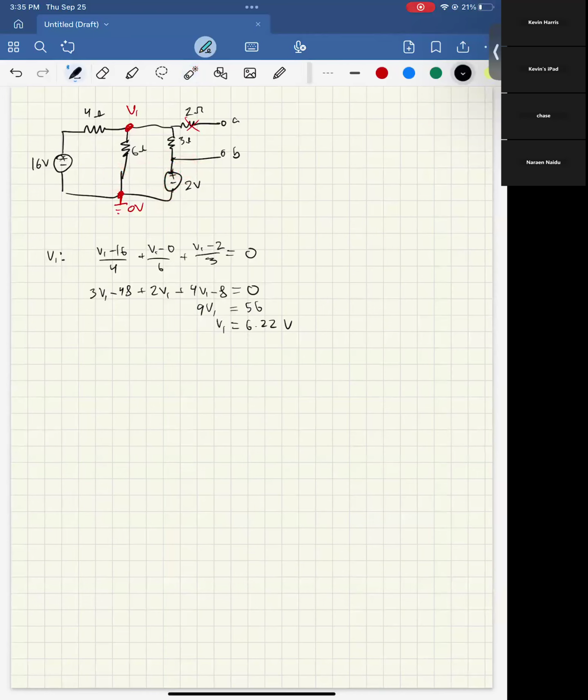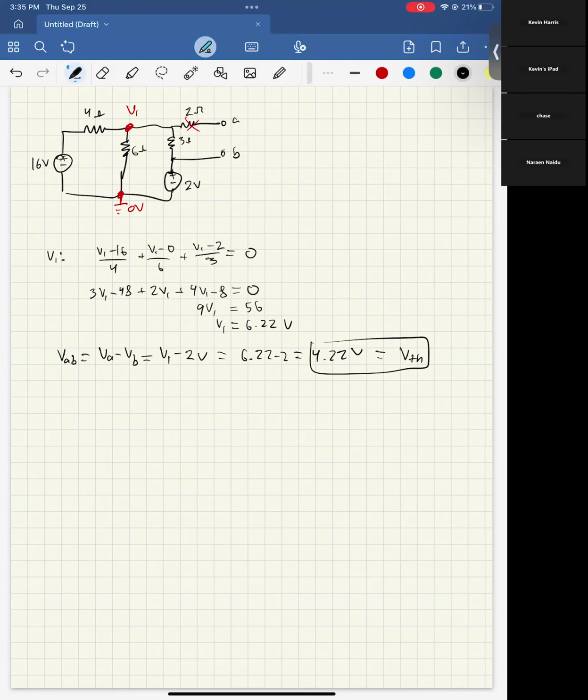So our VB is 2 volts. So if we want to write that out explicitly, we know VAB equals VA minus VB, which is going to be V1 minus 2 volts, which gets us 6.22 minus 2, which is just 4.22 volts, and that would be our VTH.